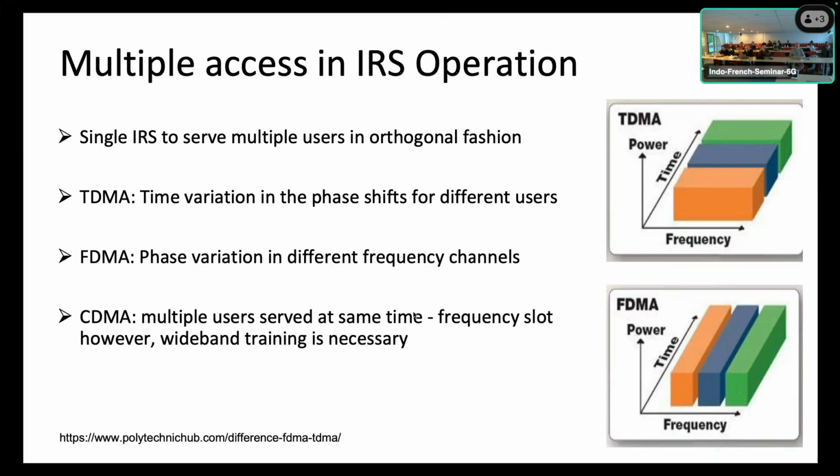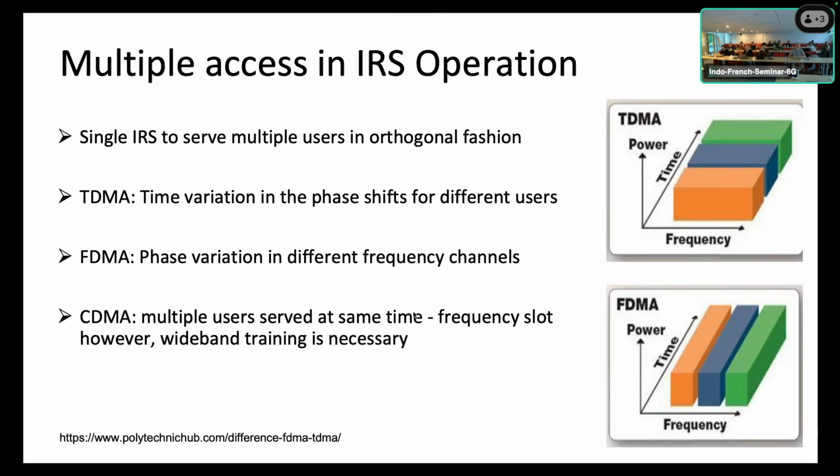So what if we serve multiple users in an orthogonal fashion? Then we have schemes like time division multiple access, frequency division multiple access, and code division multiple access. These are the basic multiple access techniques, and we also have the latest techniques.